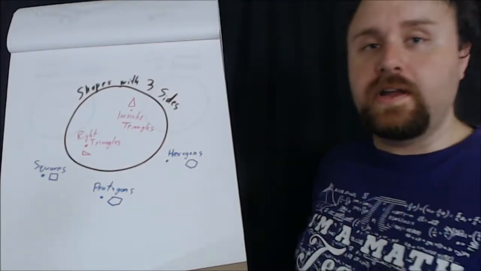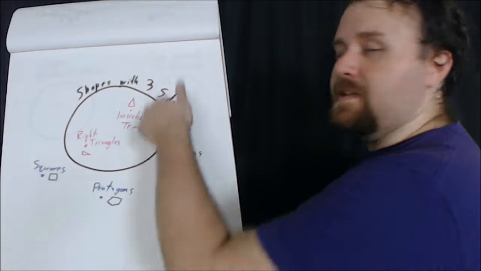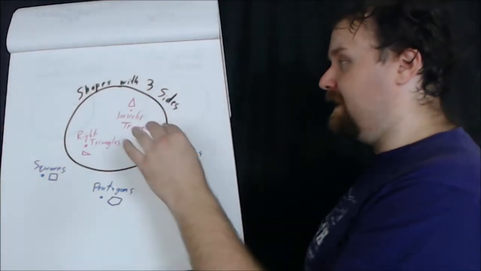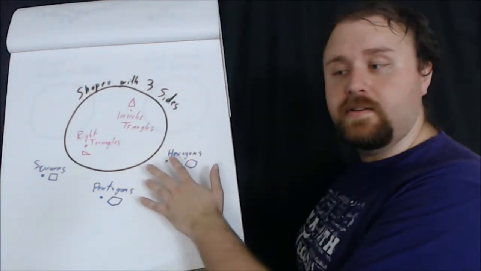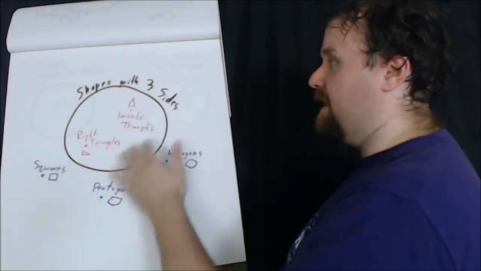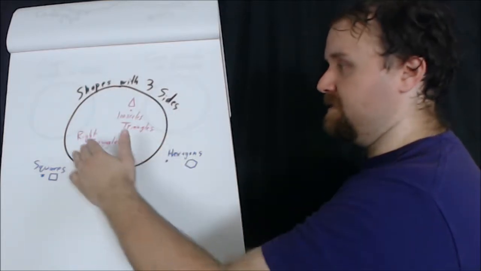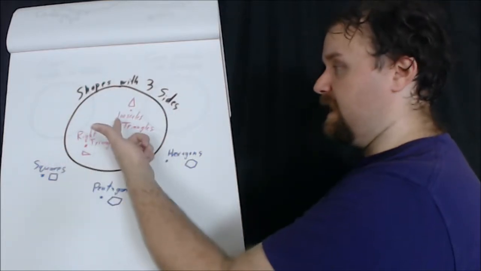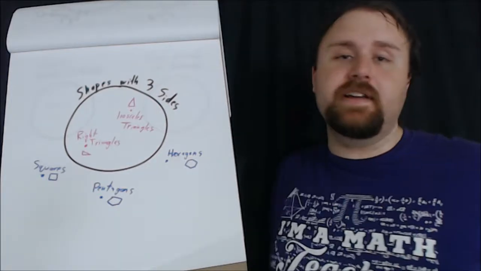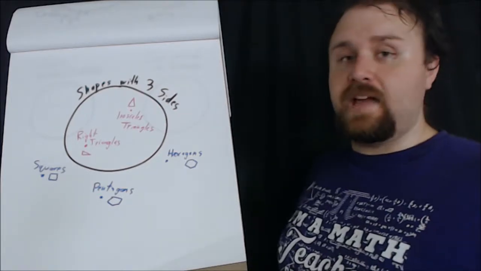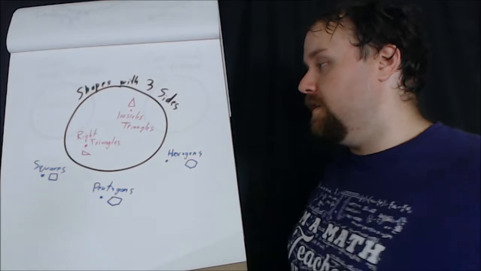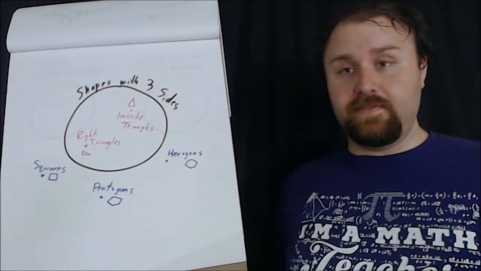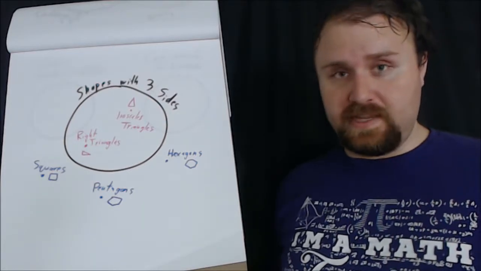we have a category of shapes with 3 sides. And so everything inside the circle are things that have 3 sides. Shapes have 3 sides, like right triangles and isosceles triangles. Any kind of triangle, basically. And everything outside are things that are not shapes with 3 sides.